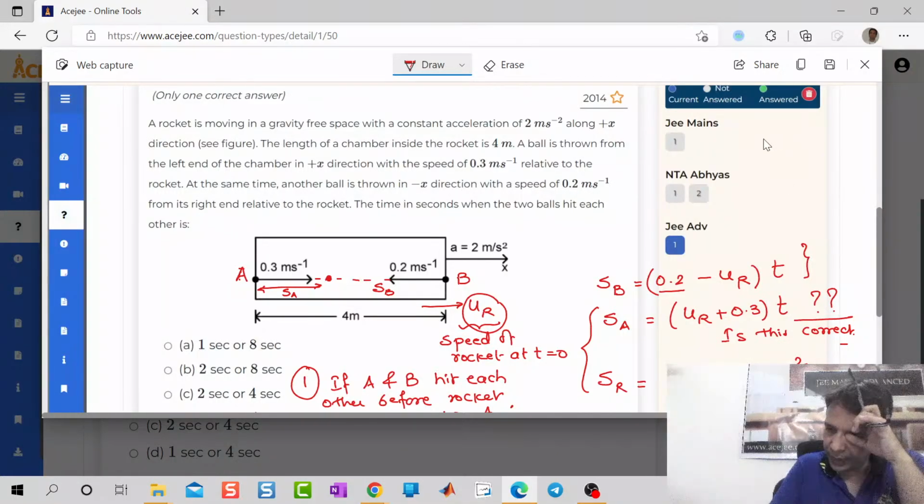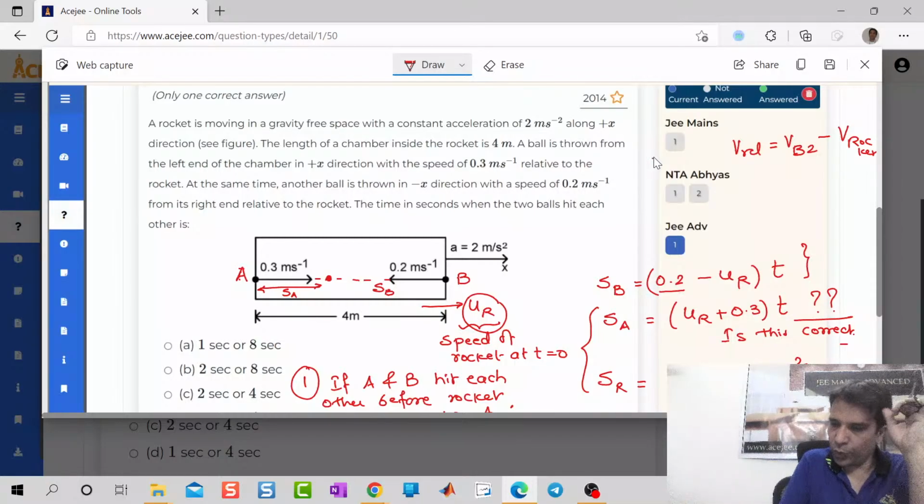Recall the relative velocity. So what is it? V relative is of the, let's say, the object. I'm going to call it another ball, VB2. So VB2 with respect to the ground minus the V of the rocket.